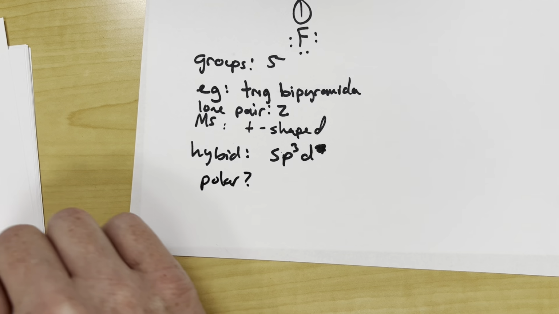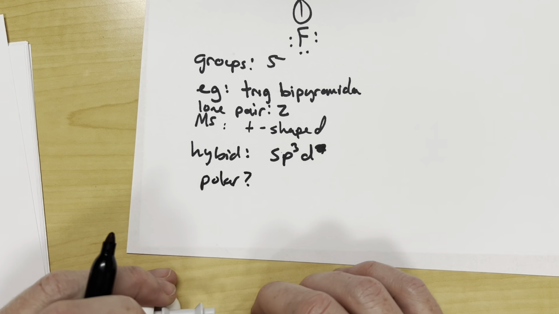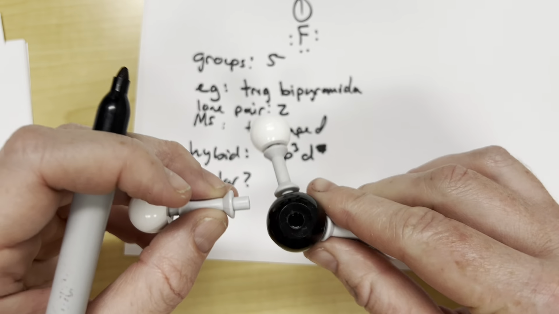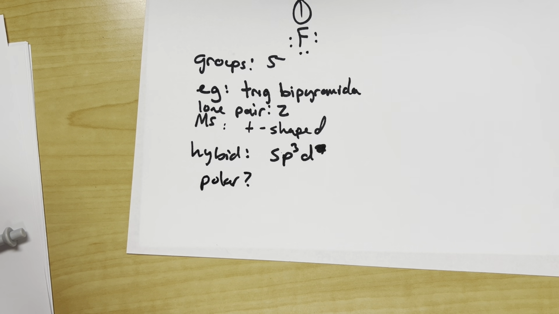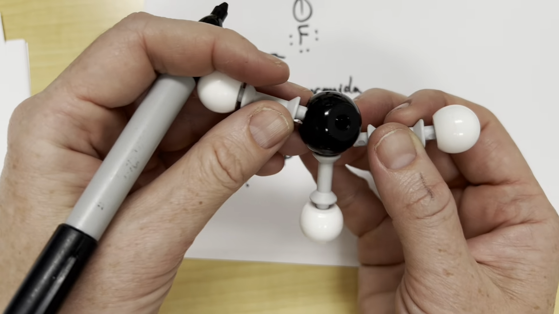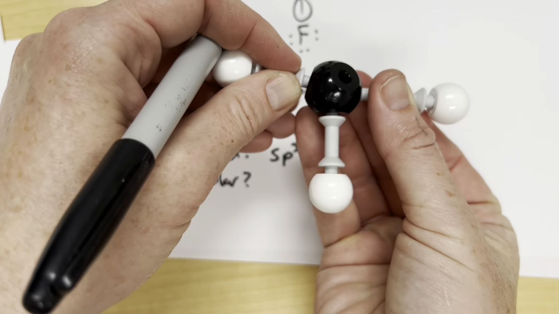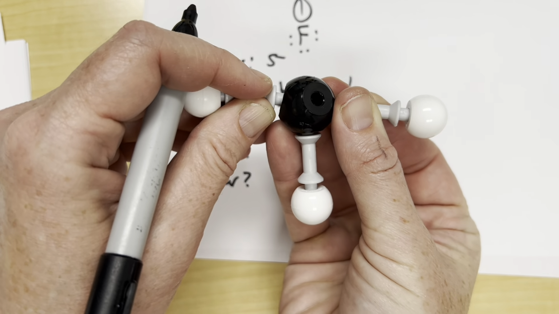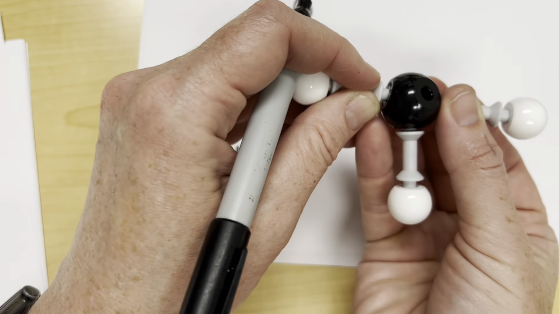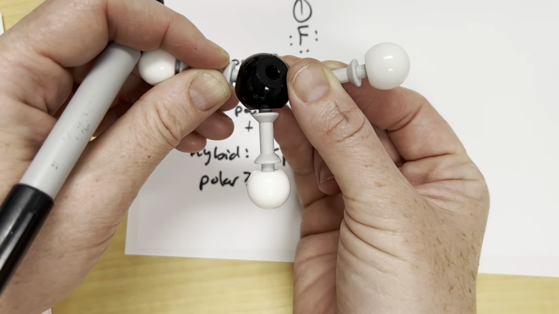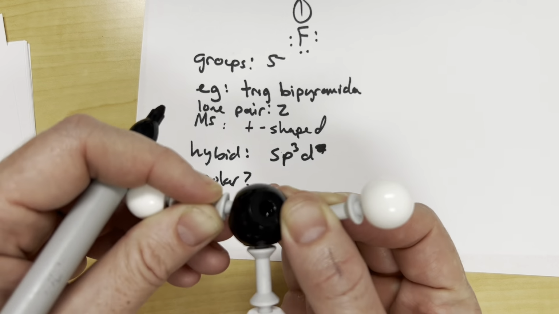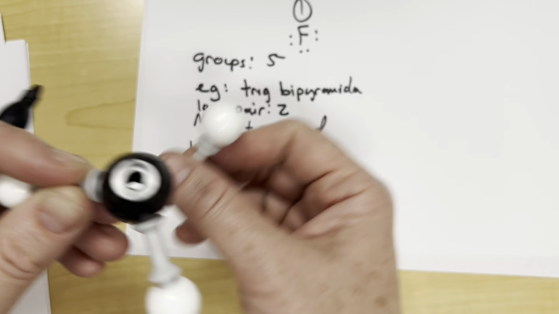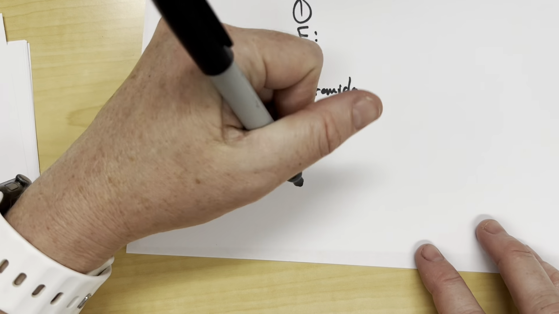Hopefully you agree, if you've got this T-shaped thing here, it's looking like this. Okay, you don't have equal and opposite pull in every direction. One's pulling this way, one's pulling this way, but this one that's pulling up right here, that I'm hitting with my pinky going this way, that one doesn't have any counteracting pull that way. So this thing would be polar.